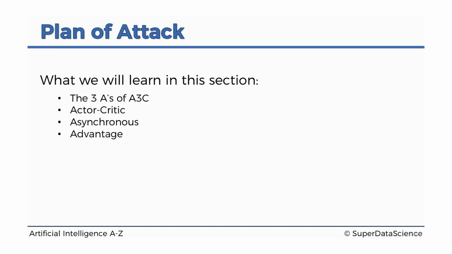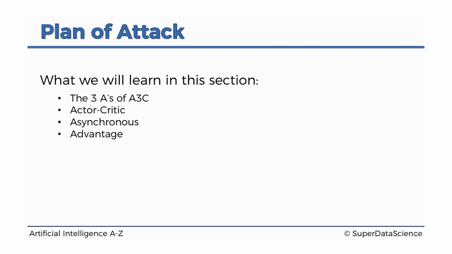So a quick word of caution: as you're going through these, you might notice that after the Actor-Critic and even after the asynchronous tutorial, you will still not exactly have the full picture of how this all ties in together. And that's totally okay, because all these 3 elements work together and require each other to function. So just power through it and get to the 3rd tutorial, the advantage tutorial, that's when it will all come together.